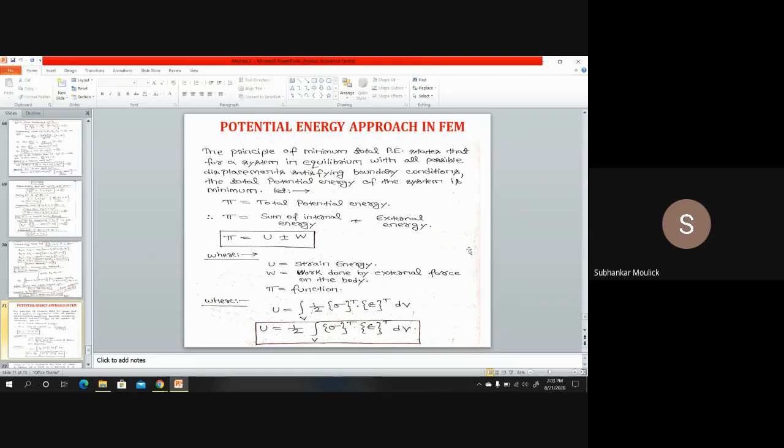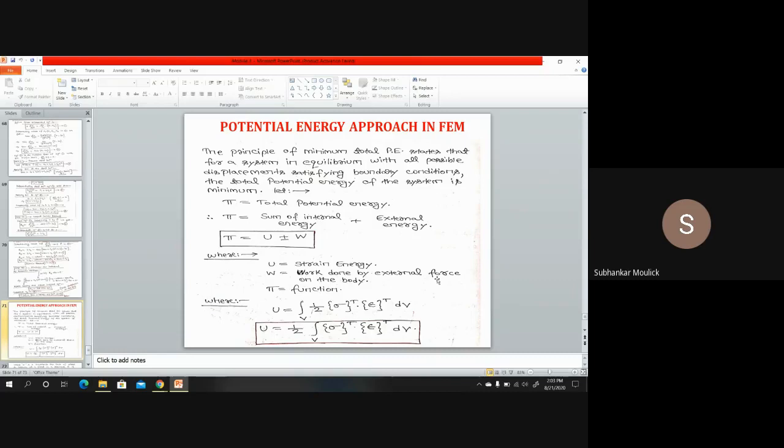External energies are all negative in nature. That means you apply these energies to the body. And if you know the concept in thermodynamics, work done on the system is positive and work done by the system is negative. So what are these external energies? Energy is force into displacement, that is total work done.